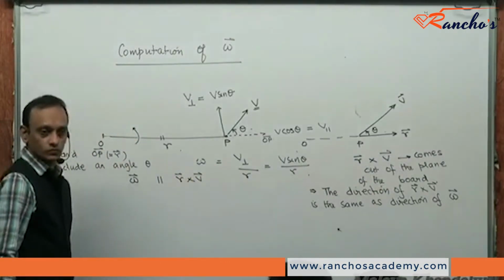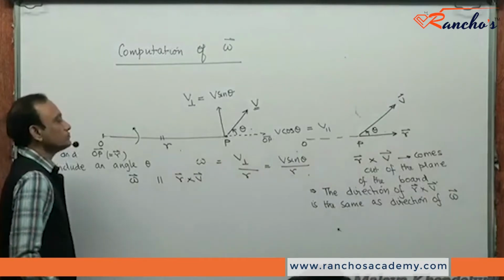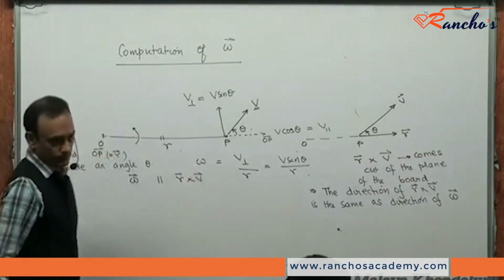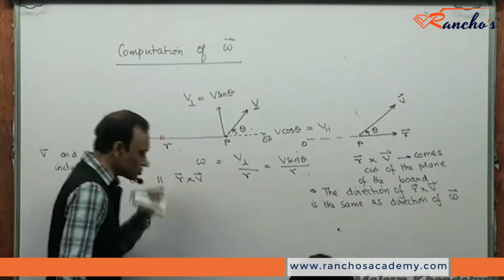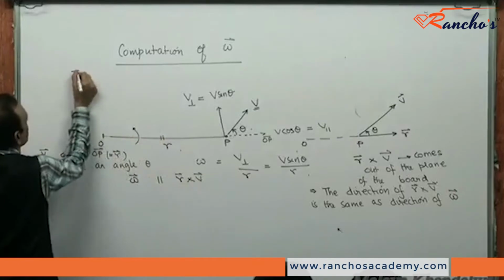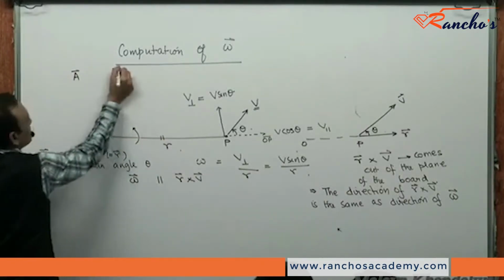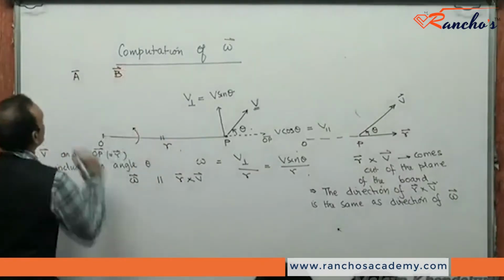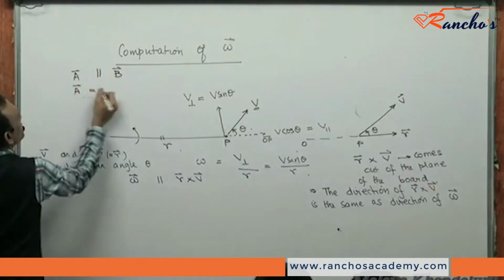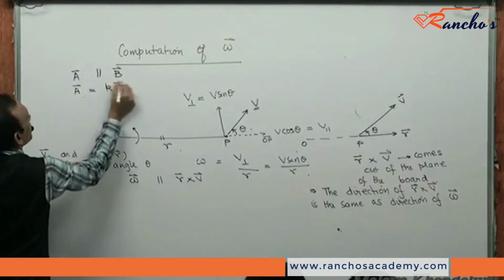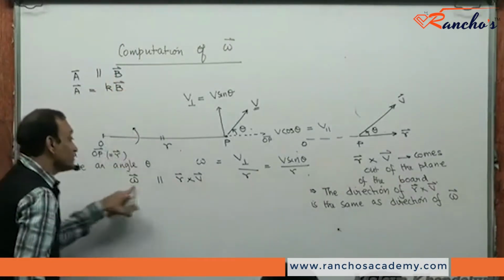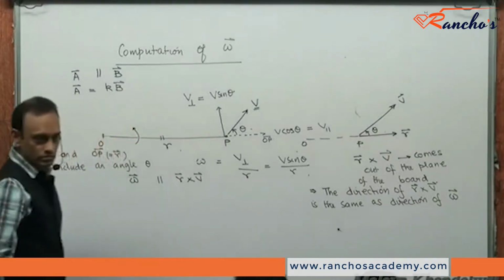Yes or no? If omega is parallel to R cross V, and if A and B are two parallel vectors, then can I say that A must be some K times B, where K is a scalar, right?